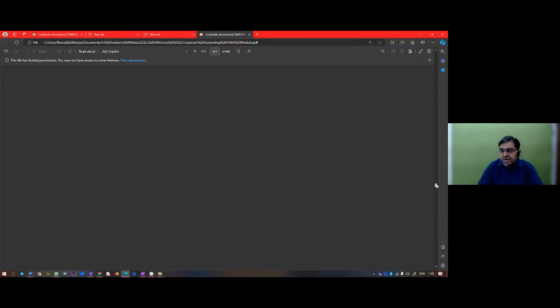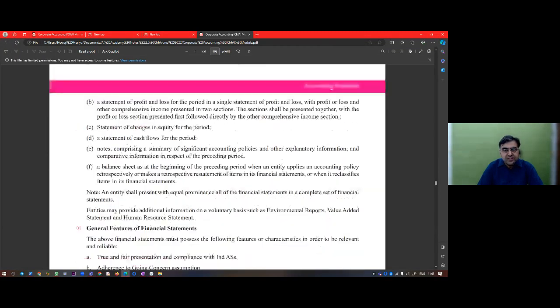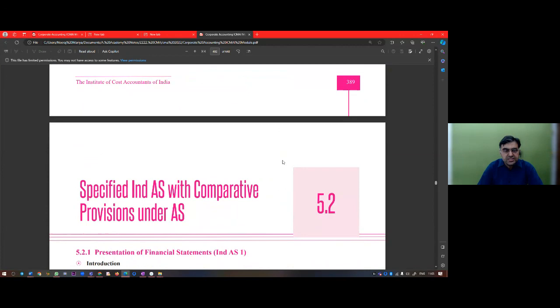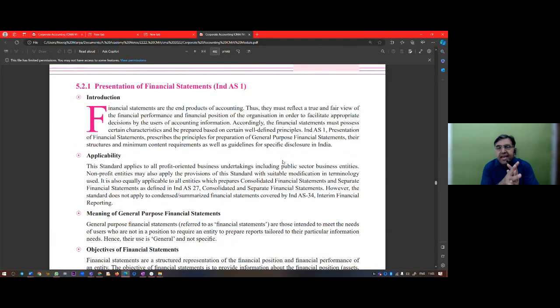This is the chapter accounting standards, AS and Ind AS. Here we'll be solving a few practicals of one of the standards till more members join the class.